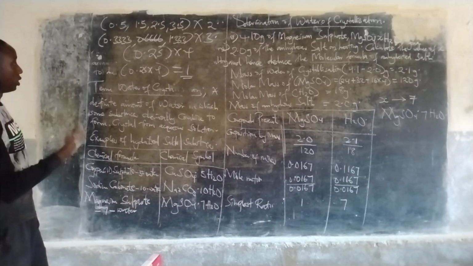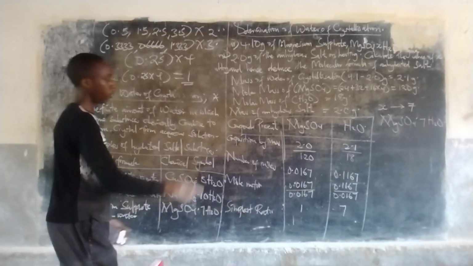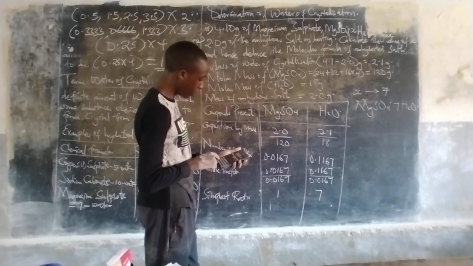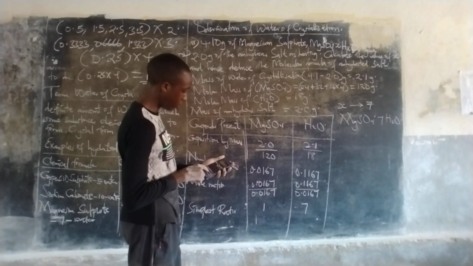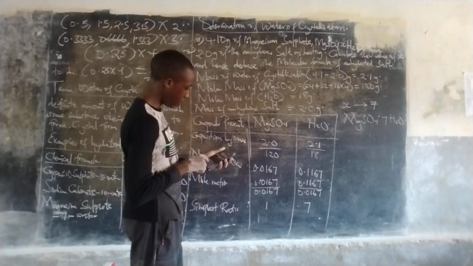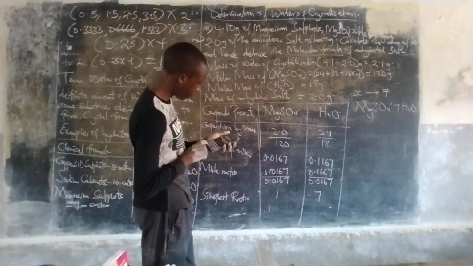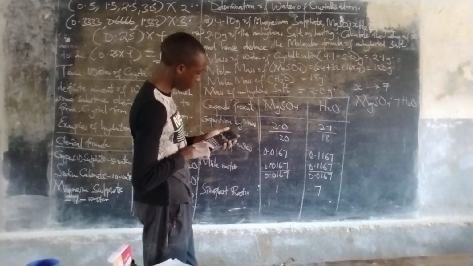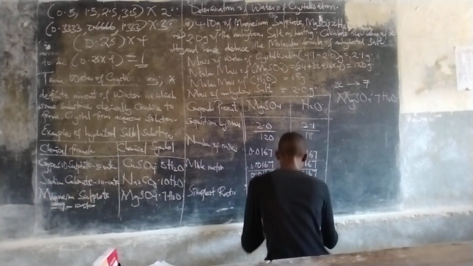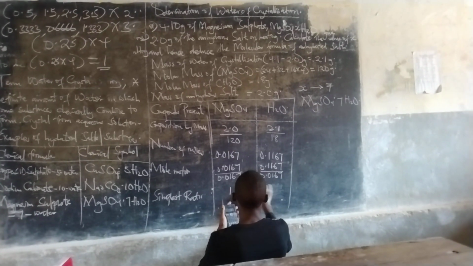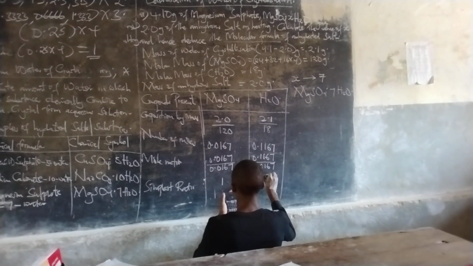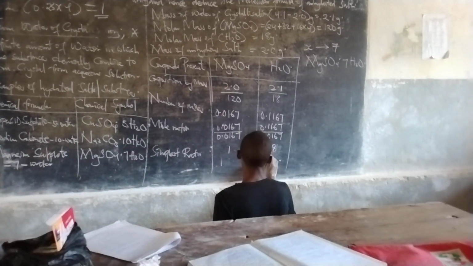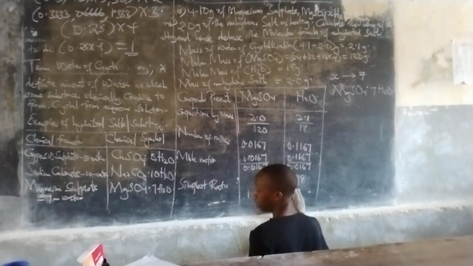So for another example, if you get 0.167 divided by 0.0167, actually we are getting 6.98, but you're not interested in that, so you can round off to the nearest number that gives you a whole number.